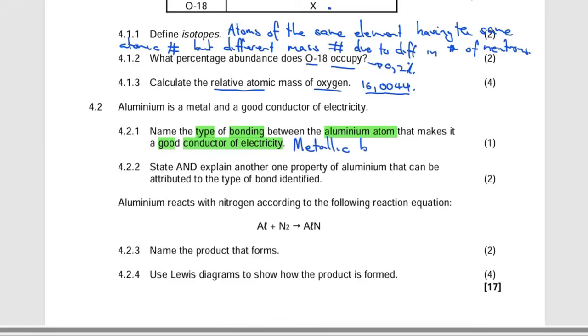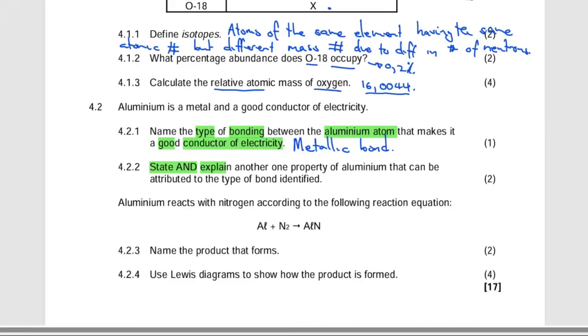So this type of bond enables aluminum to be a good conductor of electricity. Then moving on to 4.2.2, it says state and explain. Not only state, there's a capital letter and emphasis, so we should do another thing. State and explain another property of aluminum that can be attributed to the type of bond identified.